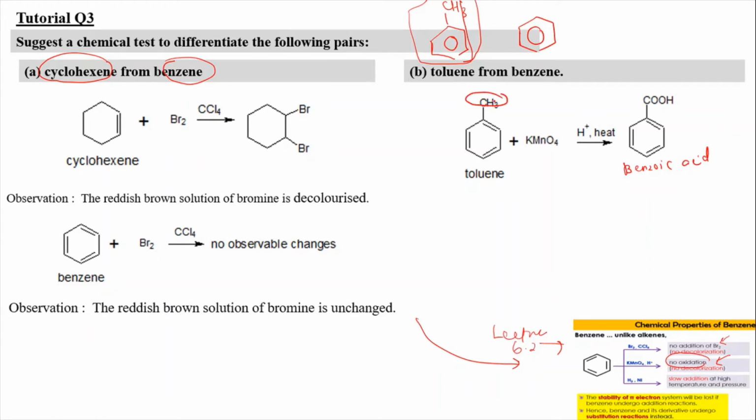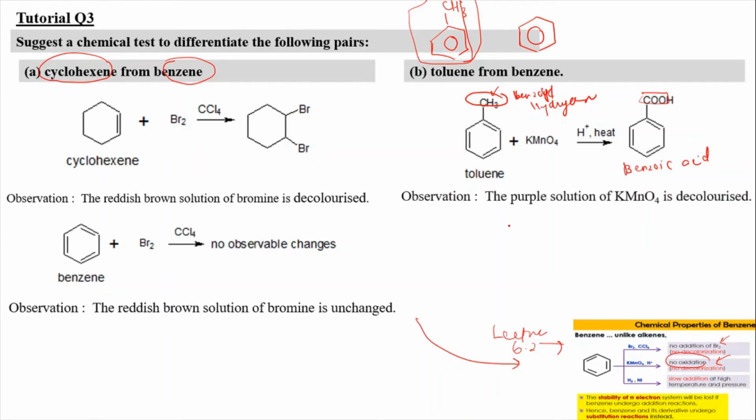Hanya berlaku di luar benzene tersebut. Yang mana bila ada benzylic hydrogen, okay, so bila ada hydrogen yang attach ke sini, benzyl hydrogen, it can undergo oxidation to form carboxylic acid.